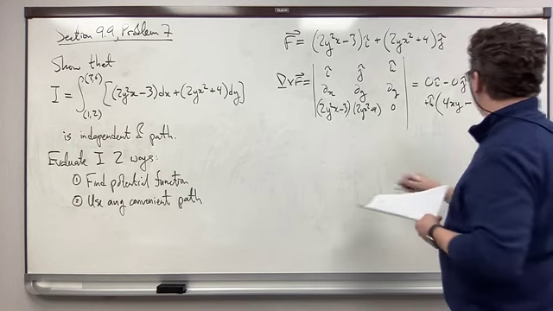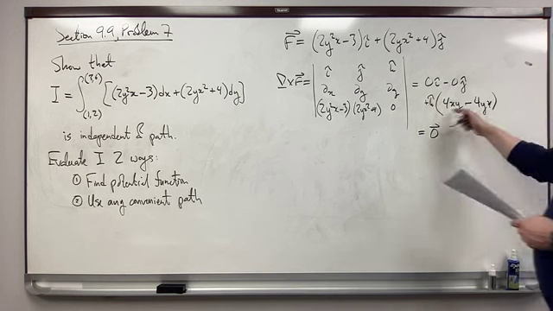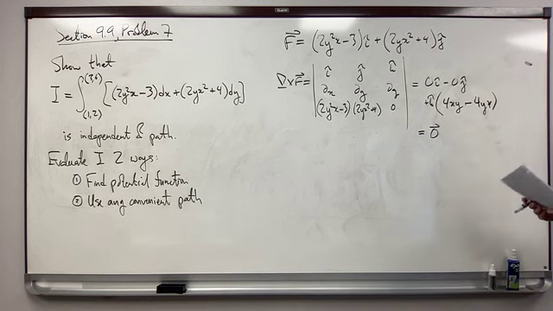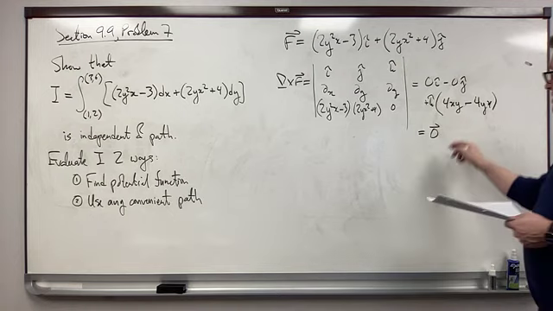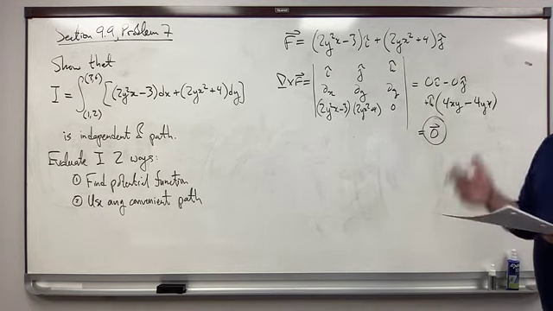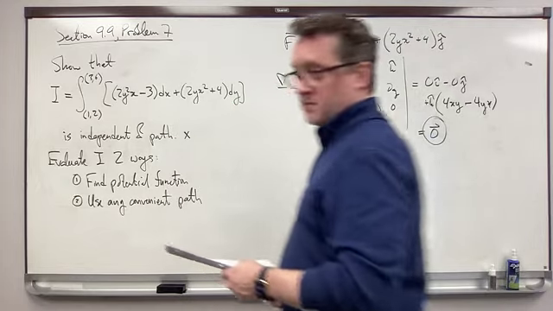The constants go away, and this thing is 0. 4xy minus 4xy is 0. So every component of the curl is 0, therefore the curl is equal to the zero vector. And yes, we have F as a conservative field. So now we've shown that this must be independent of path.